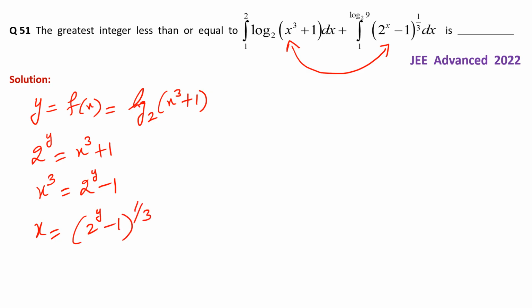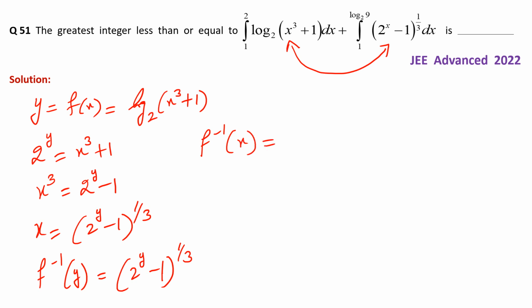Now students, since y is equal to f of x, so I can say that x is equal to f inverse y. Right? Now just replace y by x in this equation. So you will get f inverse x equal to 2 to the power x minus 1 whole power 1 upon 3.